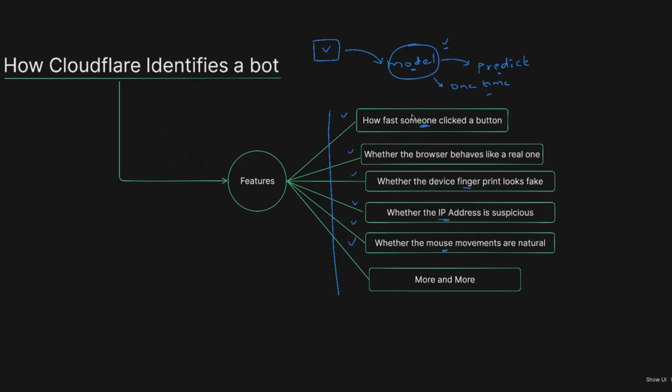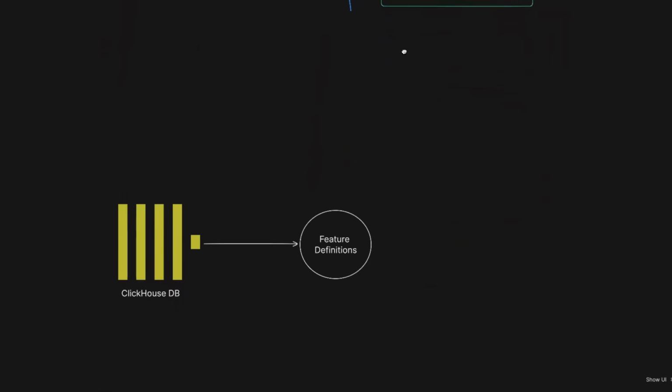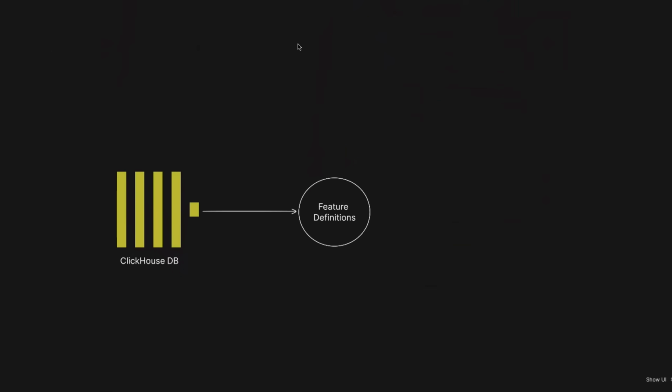So these feature definitions are very important. And one more thing to understand here, these feature definitions keep changing quite frequently. Because imagine if their machine learning model is trained on a certain set of features and hackers understand what those features are, how exactly their machine learning model predicts a user or a bot.